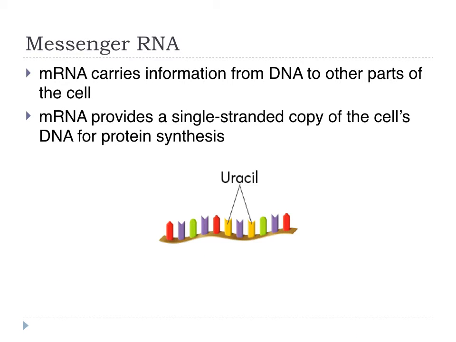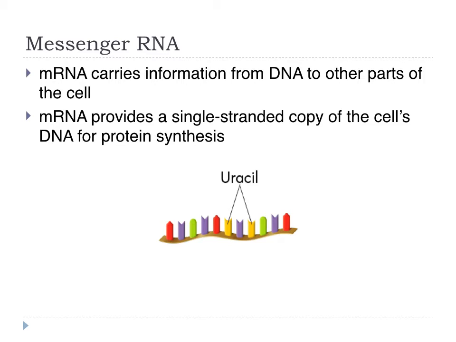So here again, messenger RNA carries information from DNA. It is a single-stranded copy. It's actually a complementary strand of the DNA. The difference is it's going to contain uracil instead of thymine. So wherever that thymine should have been, the uracil will show up.